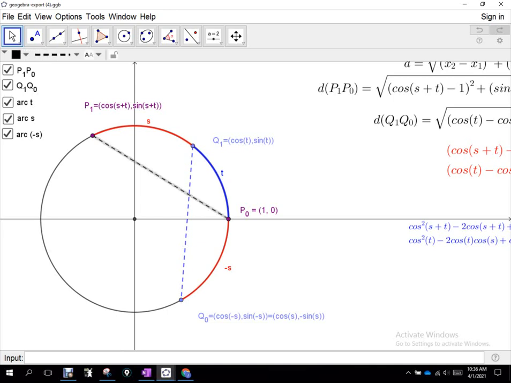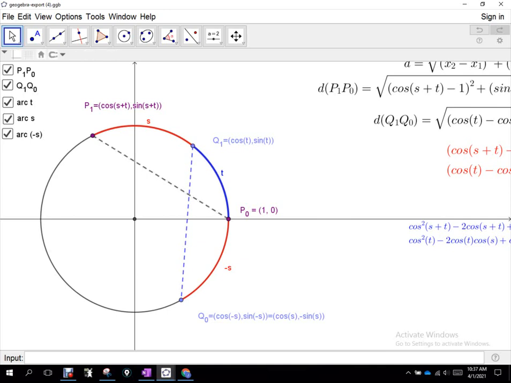Because this black chord is intercepting S plus T, and the blue chord is intercepting S plus T. So these arcs are the same, right, for these respective chords? Does anybody remember what the relationship then is for those two chords? Because they intercept the same arcs? They're the same. When two chords share congruent or the same arc, then the chords are congruent.